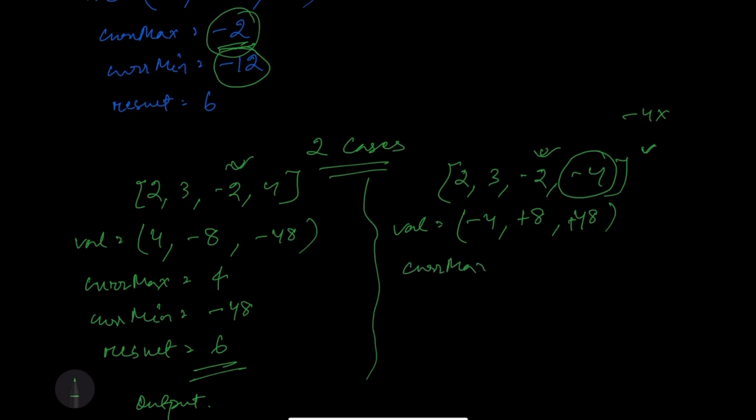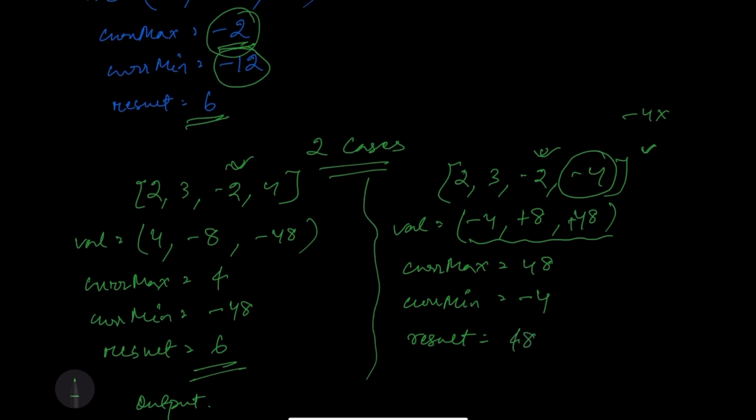So when we see our current max, it is 48 right now. Out of all these three, we have got 48. If we check our current minimum out of these three, it is somewhere like -4. How did the tables turn? Now if we see our result, the max we had was 6. Now it is being updated to 48.